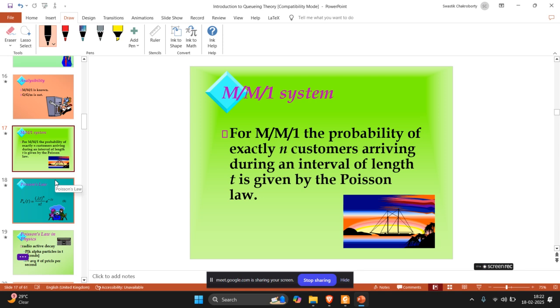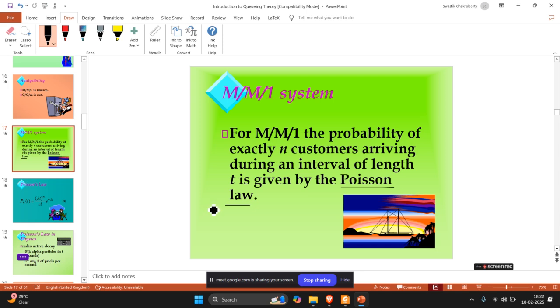Now for an M/M/1 system, where the inter-arrival time and service time are both Markovian, it is said that the probability of exactly n customers arriving during an interval of length t is given by the Poisson law. You have probably heard of the Poisson process. In a Poisson process, the Poisson distribution governs the probability of how many customers arrive during an interval of length t.